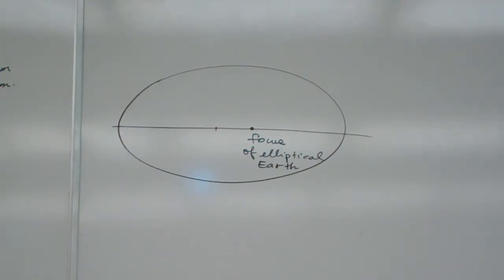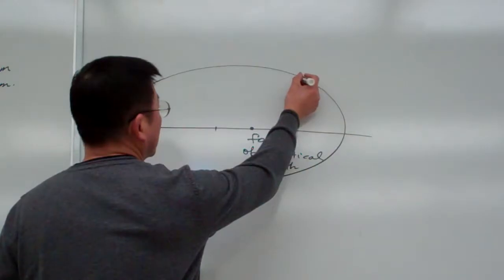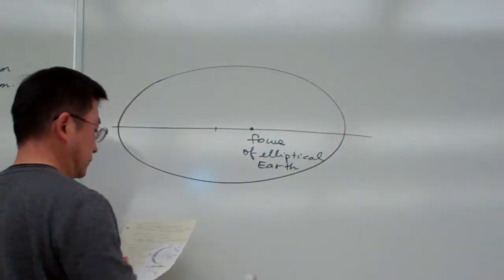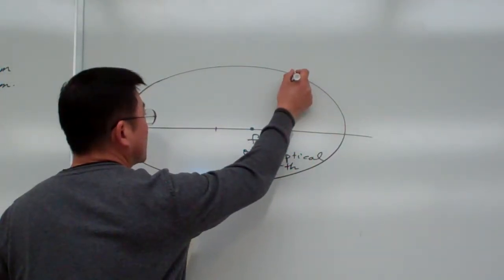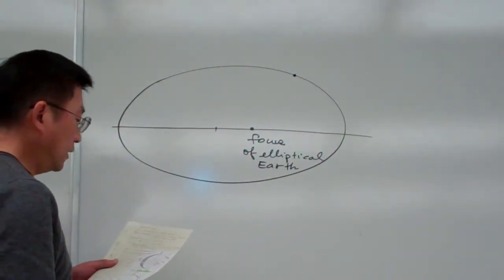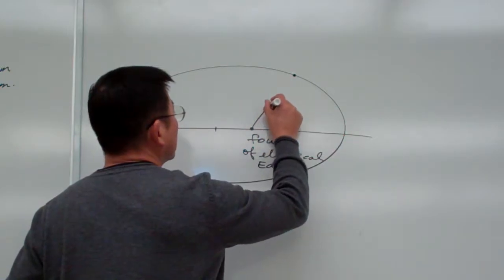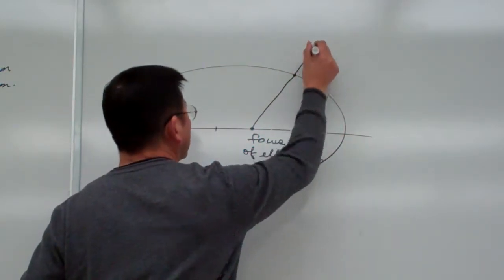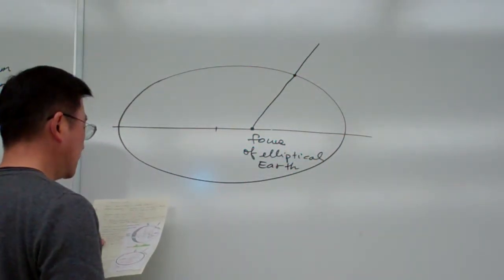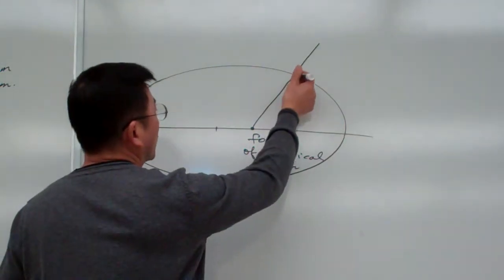Under this kind of definition, how do we define our latitude? For example, here we consider a site here, and we connect the focus to here, and this is the radial direction.